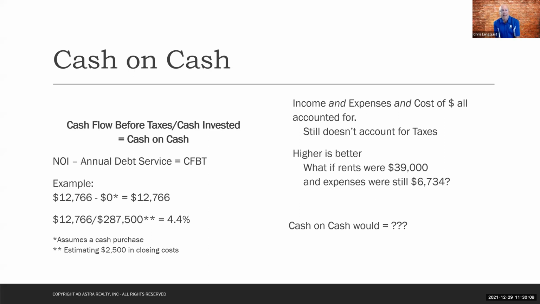We divide that by the expected purchase price, which that 285 number is still valid here, but I'm estimating $2,500 in closing costs because that's money invested. It's gone. It's no longer there. And that's where I come up with 4.4%. So if I'm buying income with my $100,000 in this example, I would be earning $4,400.